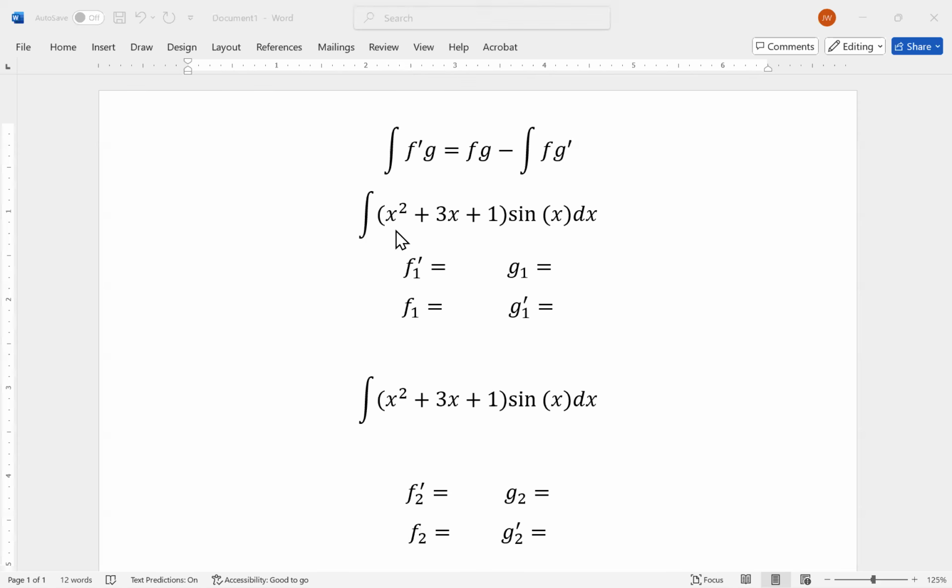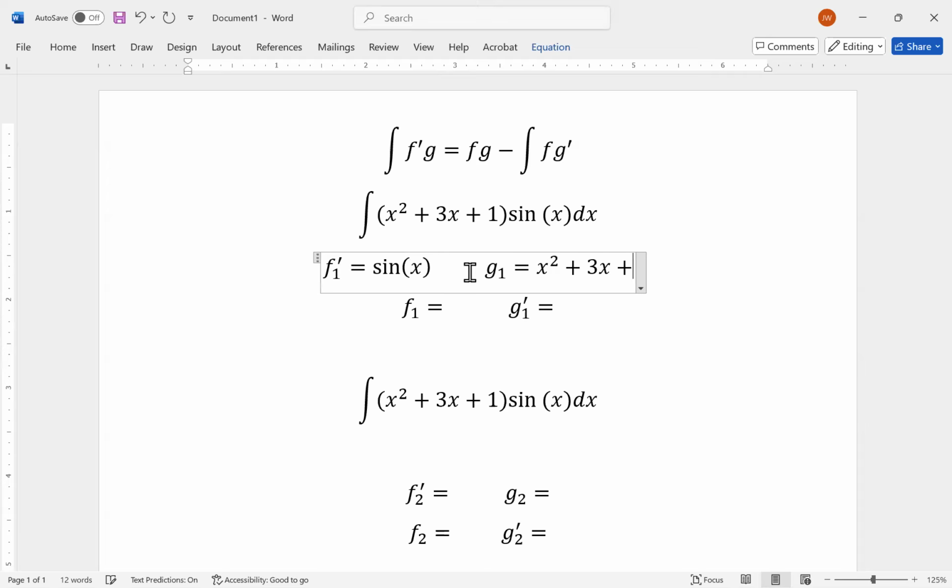All right, so this is a quadratic. Therefore, I know I'm going to have sort of two integration by parts steps. If this were cubic, I know I need three. So let's do the first f and g. F prime is going to be sine of x. G is going to be my polynomial, x squared plus 3x plus 1.